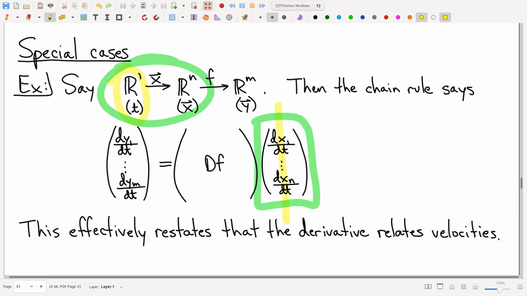I like to think of that as being time, just for physical analogy, interpretation, convenience. So we're looking at the derivative matrix of a parametric curve. We just talked about that last time. The derivative matrix of a parametric curve is the velocity vector, right? So I can interpret this as being the velocity vector of that first function. Is that cool?